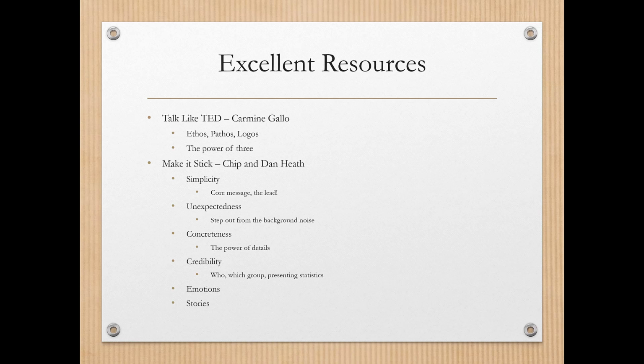And logos, the flow, the coherence. So we've talked about that in these presentations, but we're now talking about them in 3 words: ethos, pathos, and logos. And Carmine Gallo also talks about the power of 3, having maybe no more than 3 key points to a particular slide, because we tend to remember numbers in 3s. We tend to remember things well in 3s.